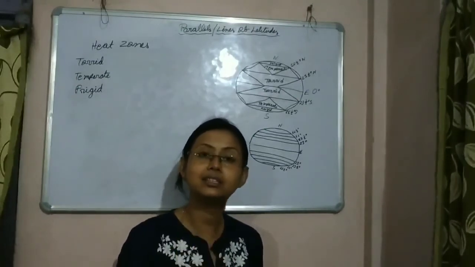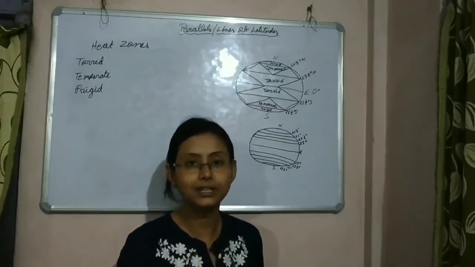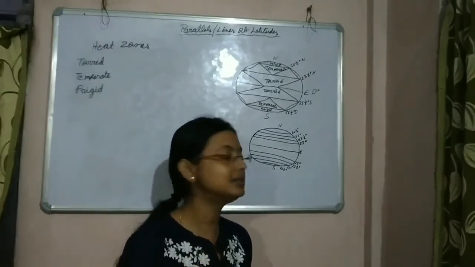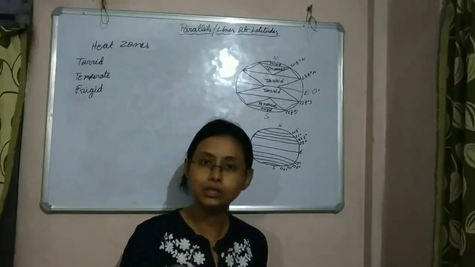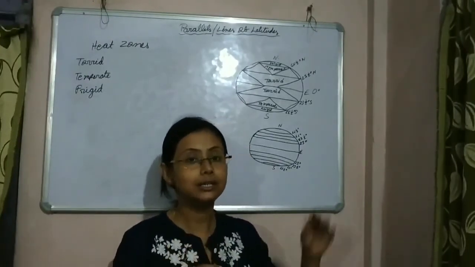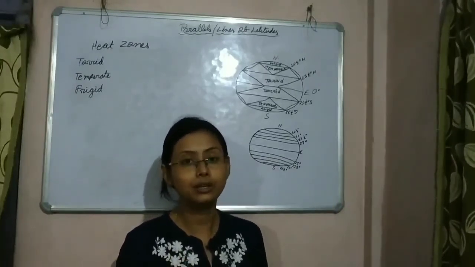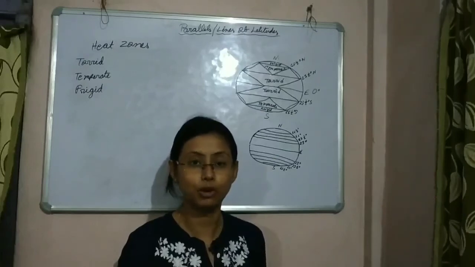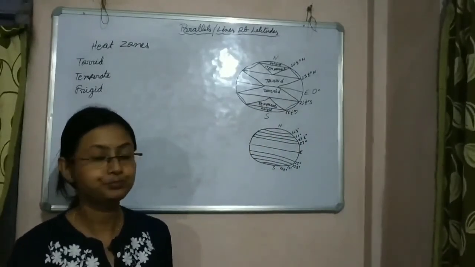And even in the 6 months of daytime, when they receive sunlight, it is with great difficulty. This is the reason why the temperature remains very low, and throughout the year the water in these two zones is found in solid form, or in ice form. That is why these two zones are called frigid zones.